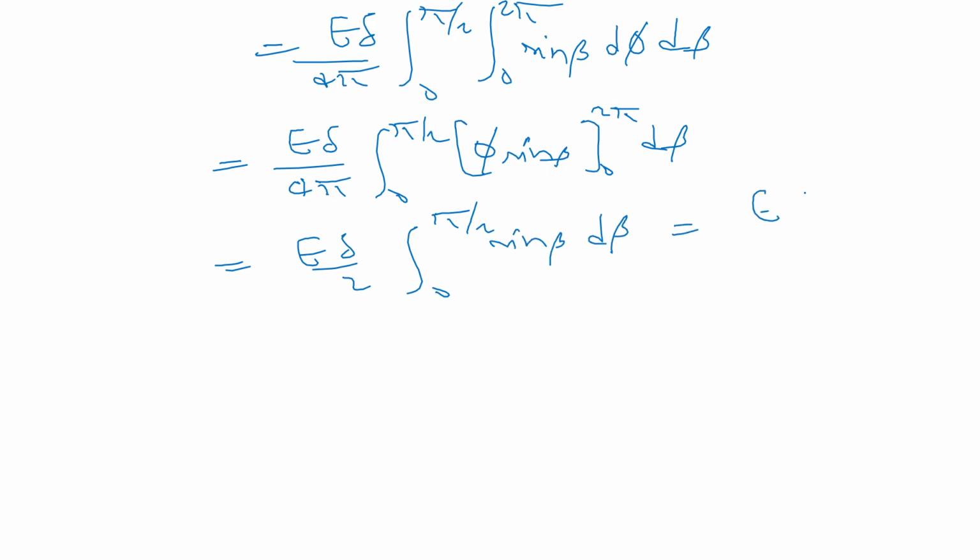Integration of sine beta will be minus cos beta from 0 to pi by 2. Pi by 2 value is 0, and for 0, cos beta it is minus 1. So it will become E del by 2.